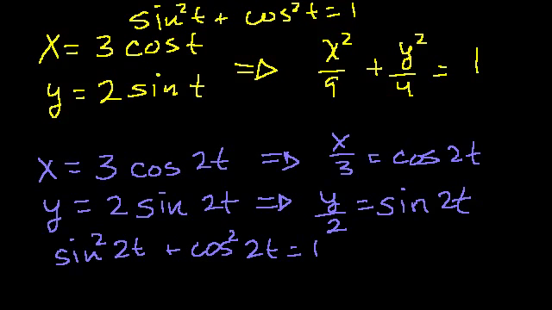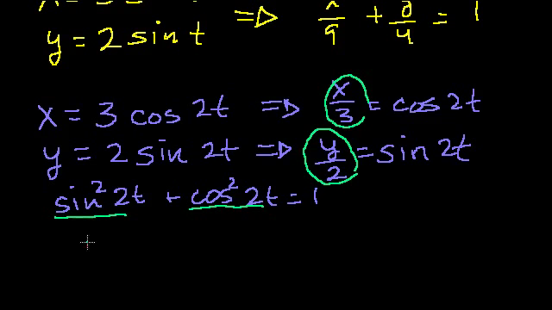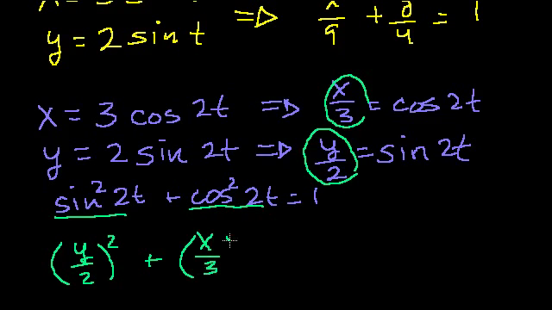So if this is true, we can then just take this and substitute it in for cosine of 2t, and take the y over 2 and substitute it in for sine of 2t, and we get sine of 2t squared becomes y over 2 squared plus cosine of 2t is x over 3 squared.